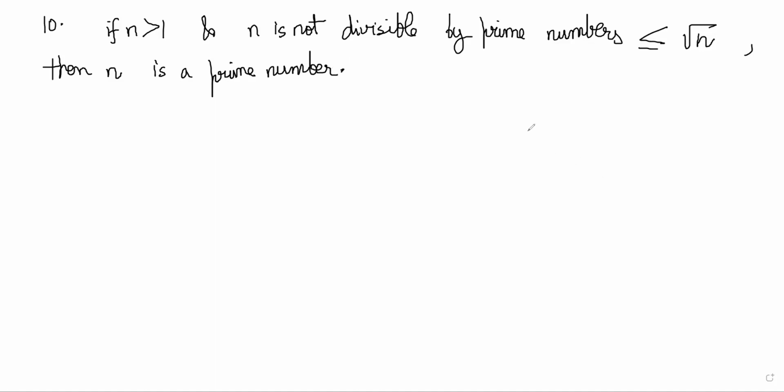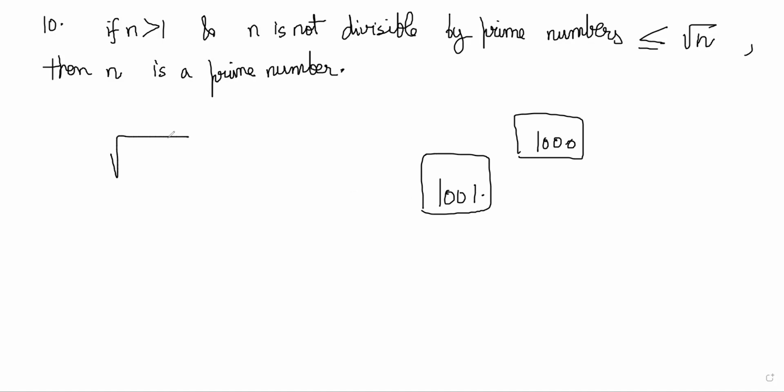So for example, I just need to check whether say 1001 is a prime or not, right? In order to check that, you need to check all the primes up to root 1001. So root 1001 is what? 30 square is 900, and 31 square is 961, which is less than 1001.